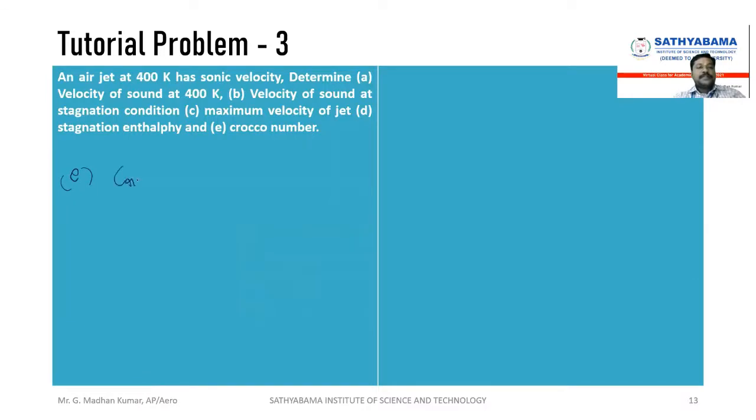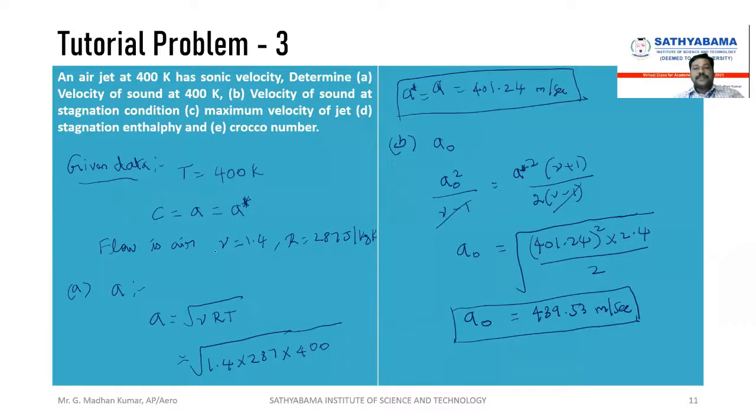So CR is equal to C by C max. Okay. Your C is nothing but velocity of sound, right? Since your C star, all the things are the velocity of sound. So 401 point, what is it? So 401.24, right?